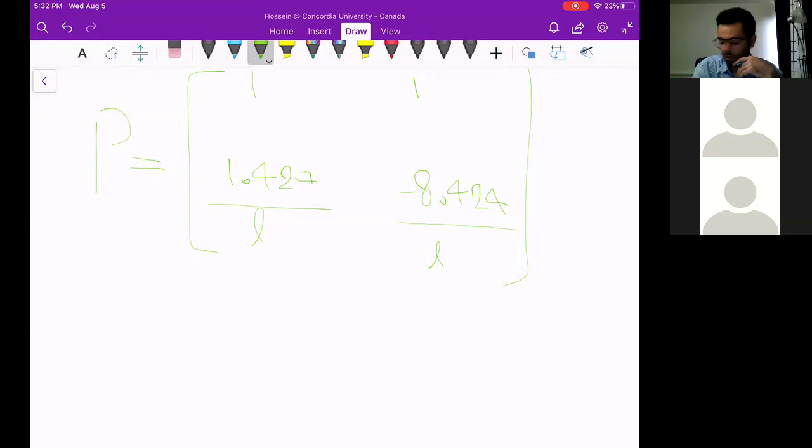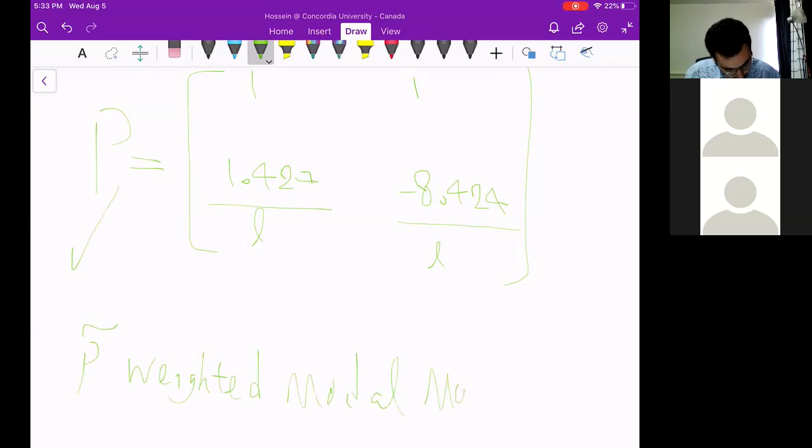We need to show that, having determined the modal matrix P, which we already obtained, the weighted modal matrix P hat will diagonalize the stiffness.